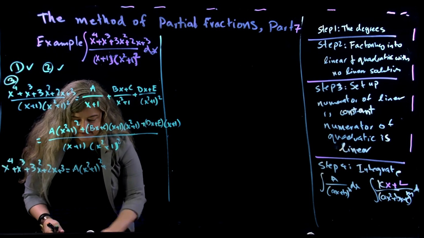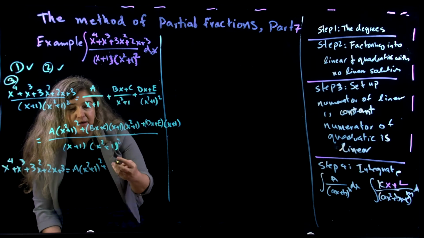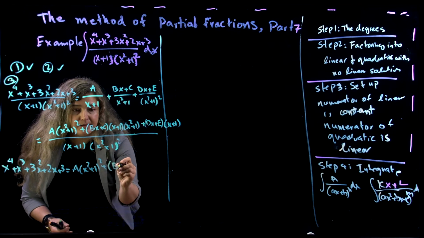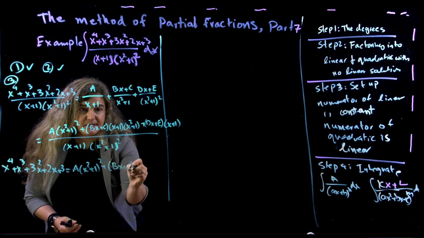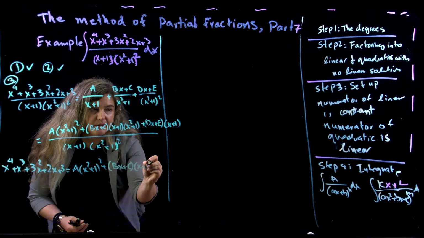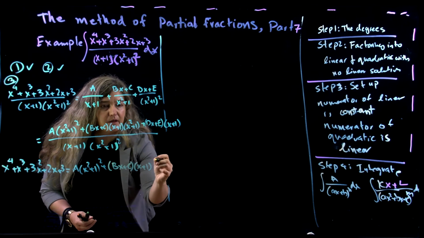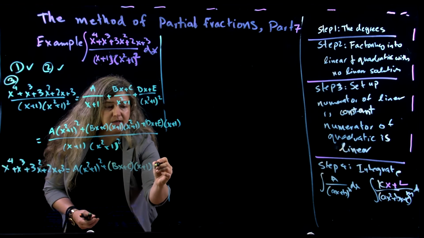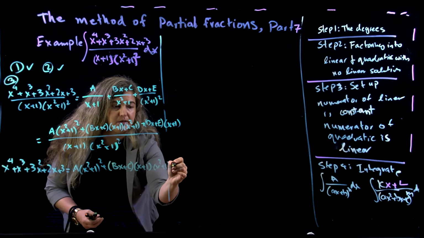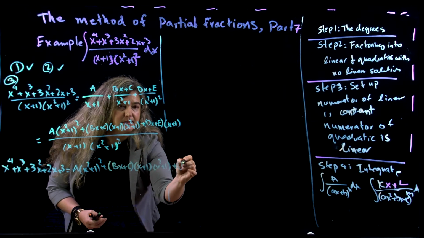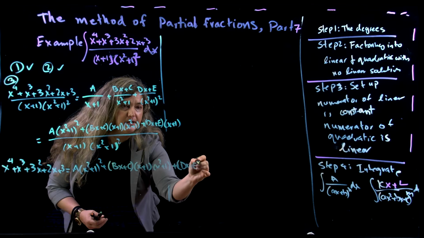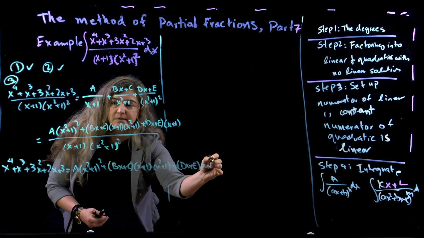It is a long one, isn't it? So plus bx plus c times x plus 1 times x squared plus 1 plus dx plus e times x plus 1.